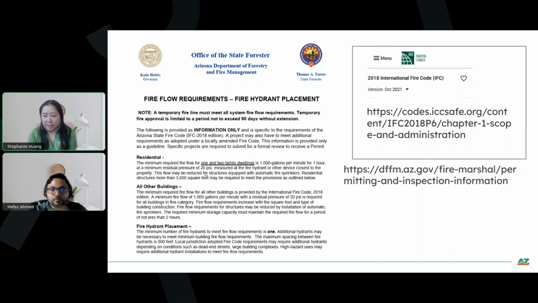And like I had said, for one and two family dwellings, 1,000 gallons per minute, and other buildings, 1,500 gallons per minute, again with 20 psi. And this is a link to the 2018 International Fire Code.